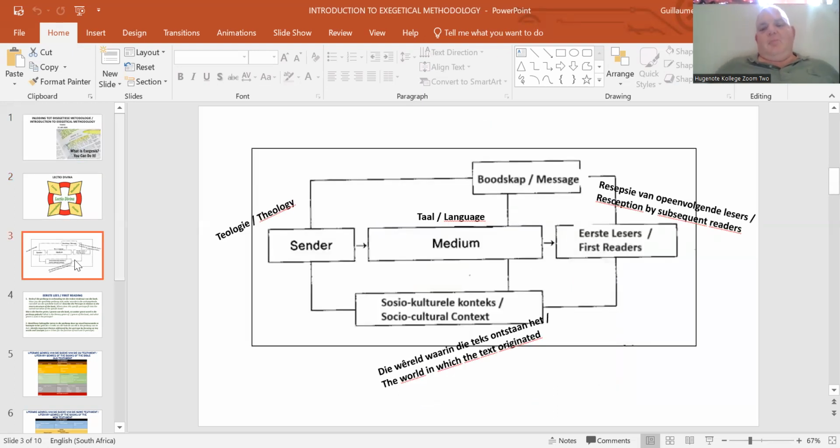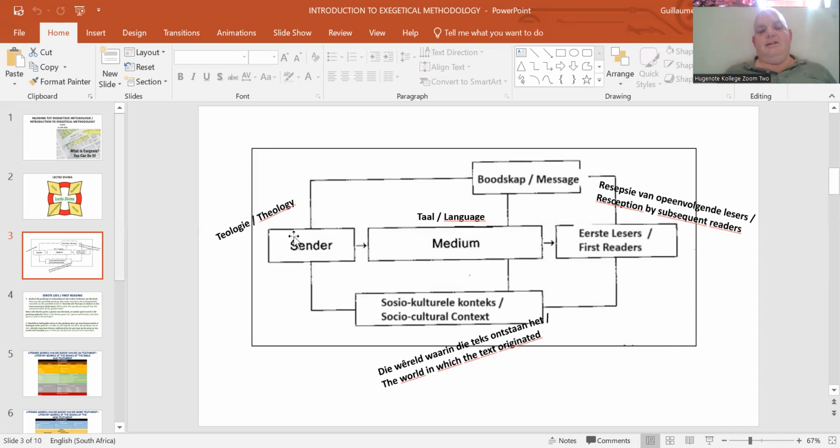This is a very basic understanding of what exegesis is. First of all, I hope you can see my mouse. That is the medium. We work with the text of the Bible, the medium, and that is where you start reading.